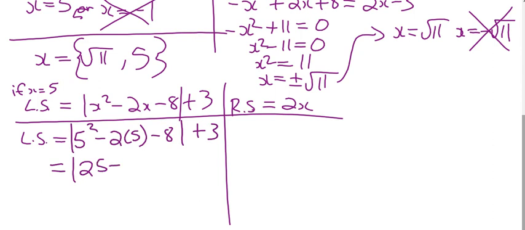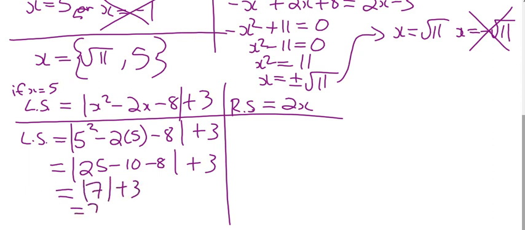So 25 minus 10 minus 8. So 25 minus 18 is 7, and 7 plus 3 is 10. And the right side is 2 times 5, which is 10. So that checks. Okay. Worked out nicely.